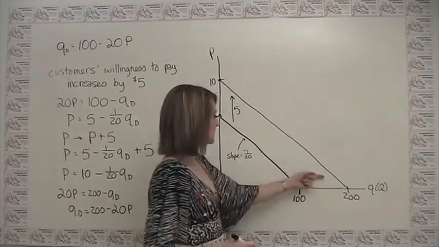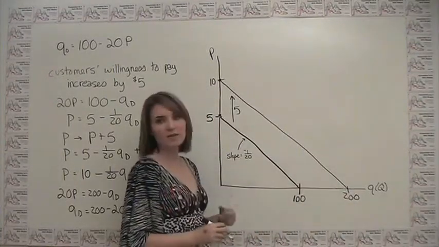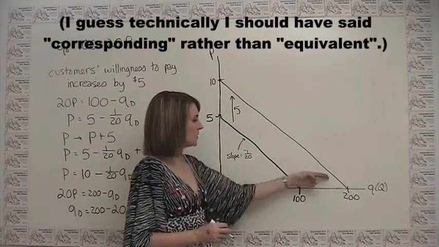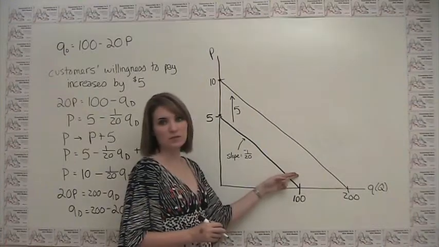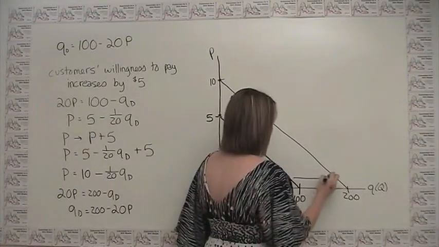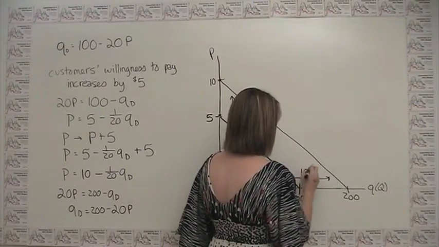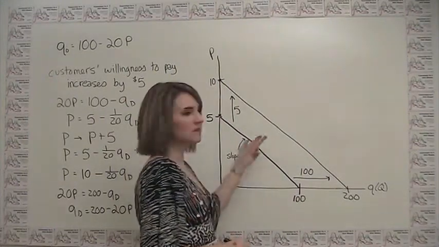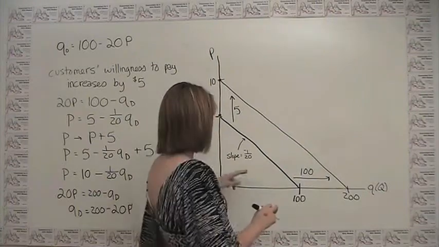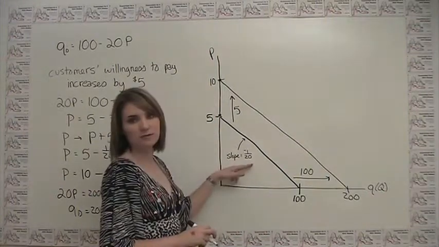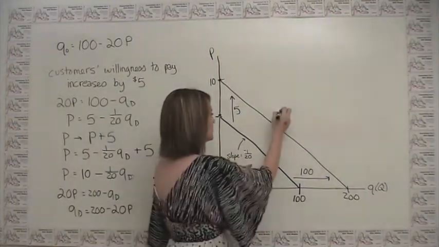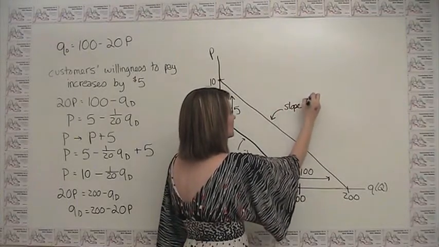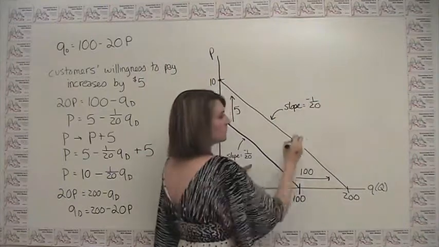You can also notice here that we have an equivalent horizontal shift, just not by the same amount. We can see that the horizontal distance between the two curves is in fact 100. We can also see that we have a parallel shift, so if the slope of the old demand curve was negative 1 over 20, the slope of the new demand curve is equal to negative 1 over 20 as well.